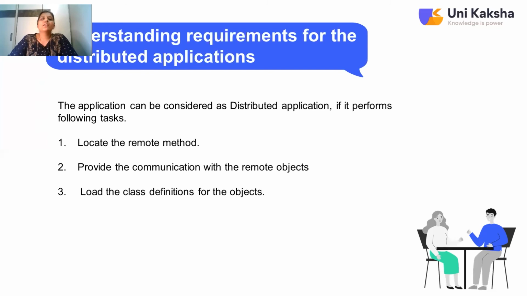Then it should provide communication with the remote object, because it is very important in a distributed environment to communicate with remote objects residing on remote machines or another JVM. It is also going to load the class definitions for these kinds of objects. So if your application is performing all these three tasks, then it is considered a distributed application.